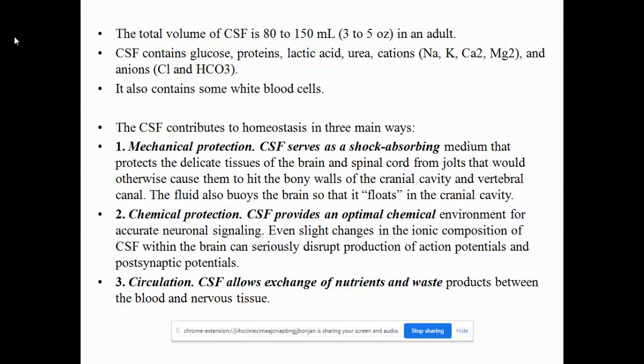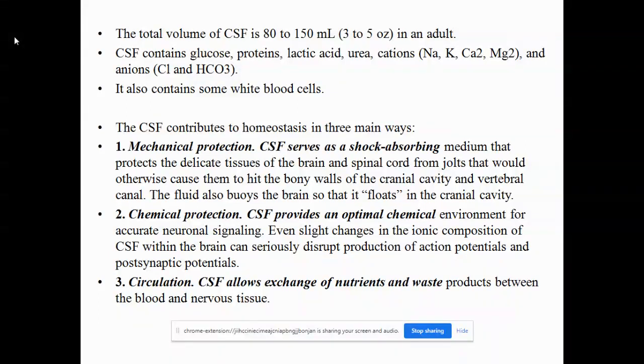Inside the cranium and the vertebral column, it contains this cerebrospinal fluid, which acts as a shock absorber, insulator, which protects the brain and the spinal cord from any injury or any shock or shake. It acts like a buoyancy. The brain floats in the cerebrospinal fluid.